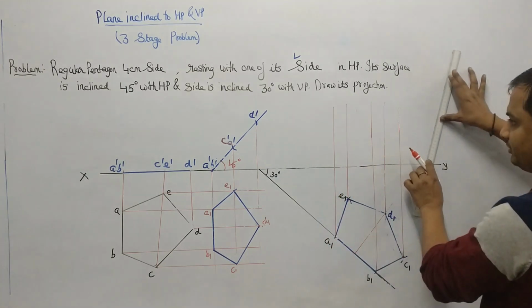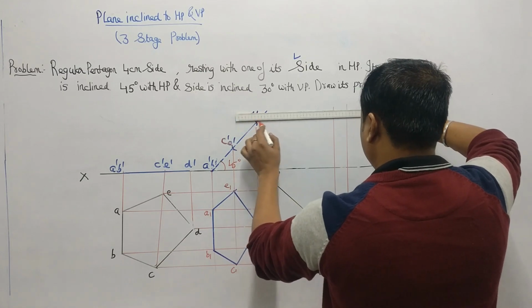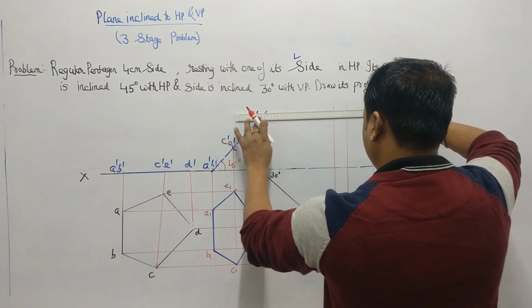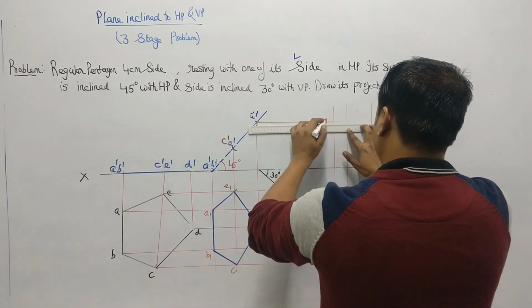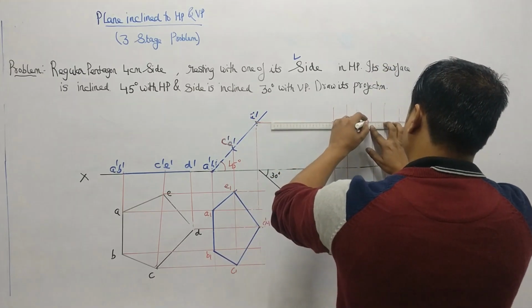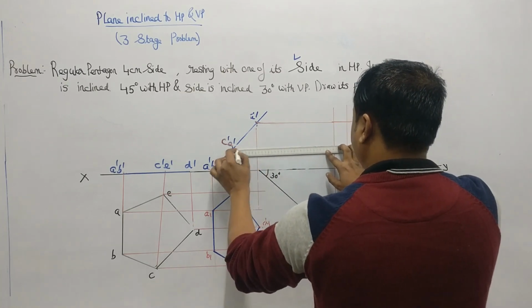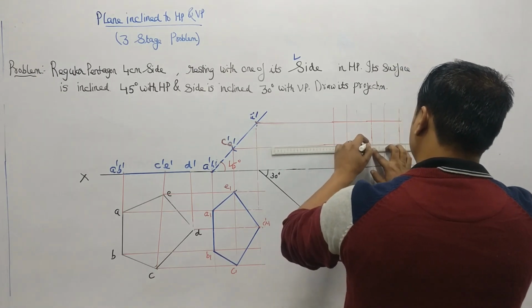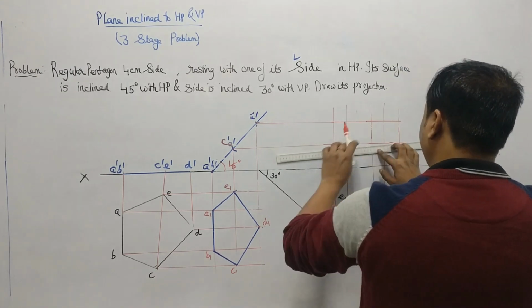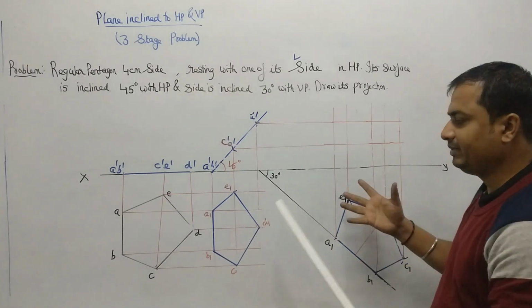Okay, so this is the vertical projector, and from here I will be using the horizontal locus. So you have to follow the steps of construction, and you have to use the technical instruments, so you will be getting the perfect shape.